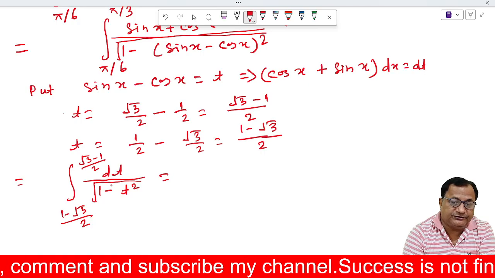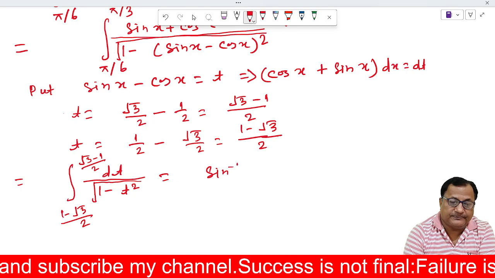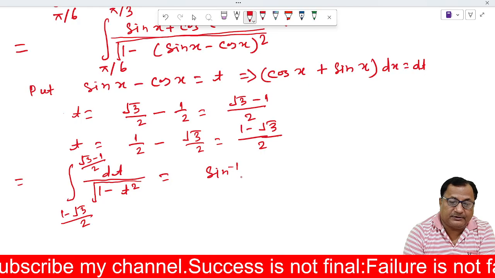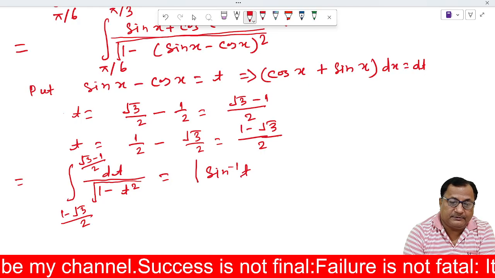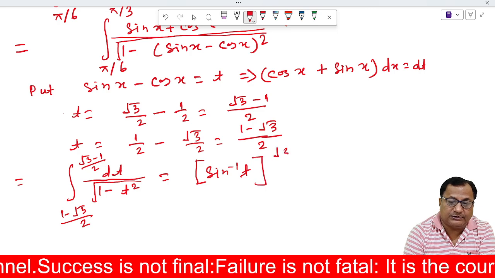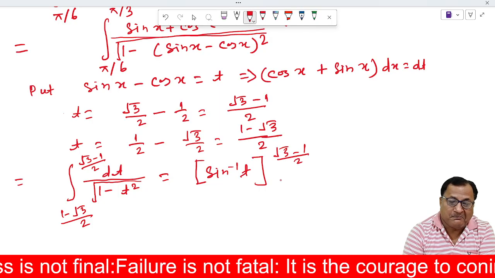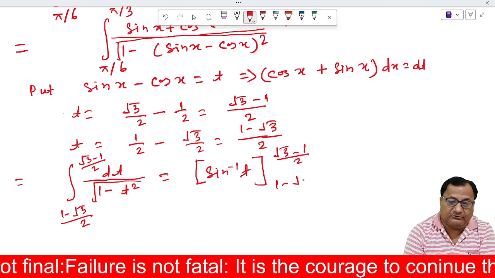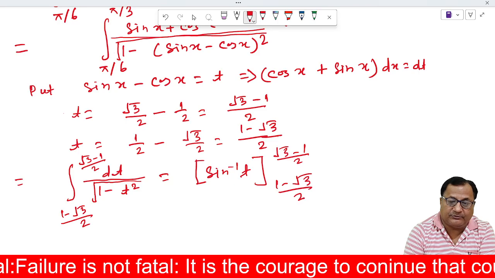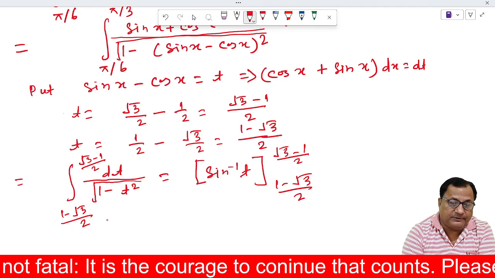So this is integration of sine inverse t, with limits root 3 minus 1 by 2 and 1 minus root 3 by 2. Now we will put the value of limits.